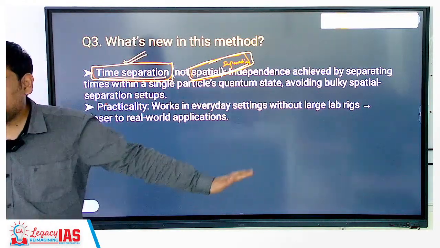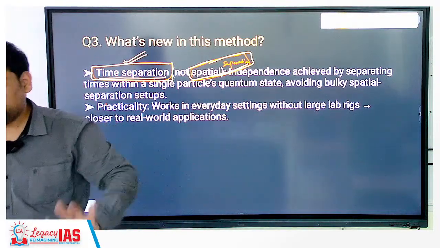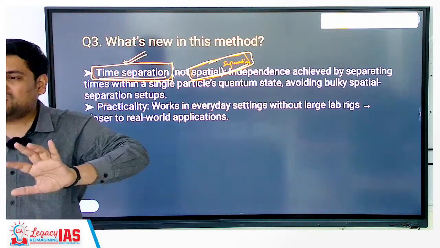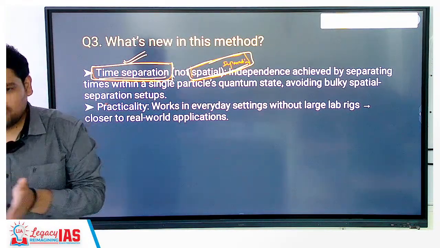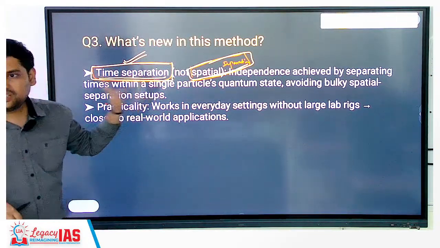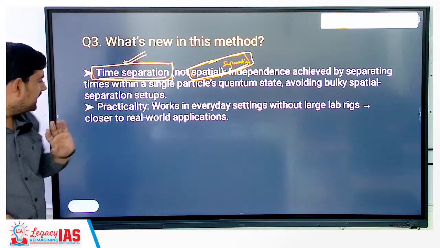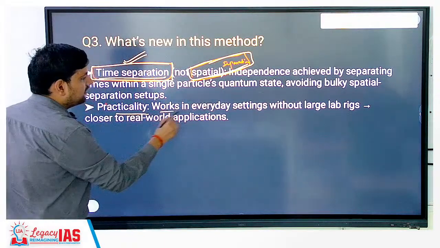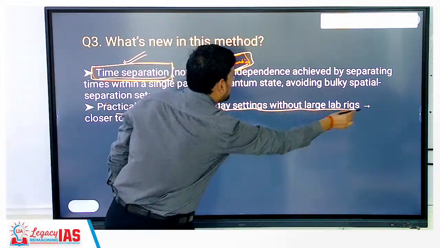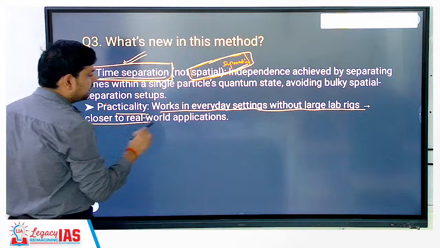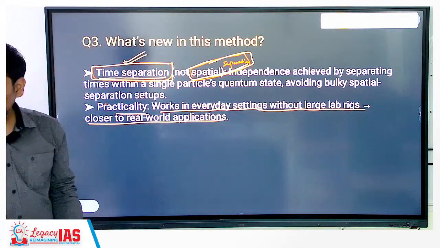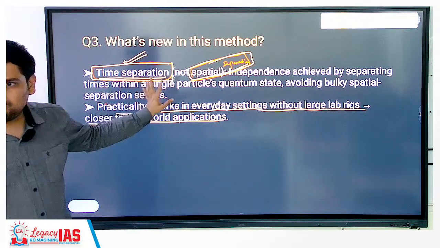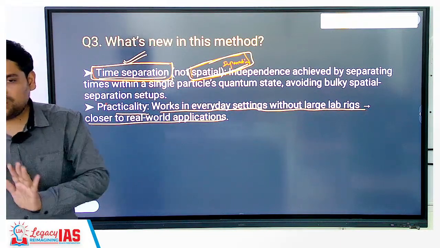So I don't need very big, chunky systems, just simple systems with time separations. See the practicality: it works in everyday settings without large lab rigs, closer to real world applications, because it is based on time separations that you can achieve even in a small device.